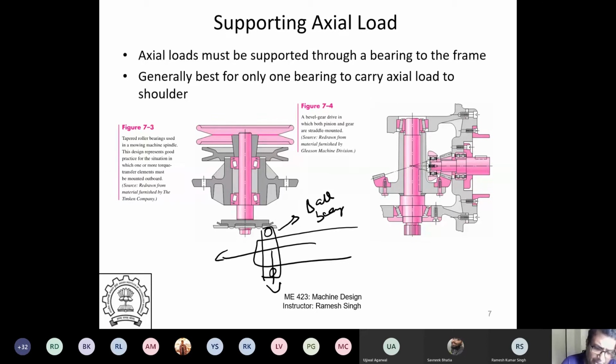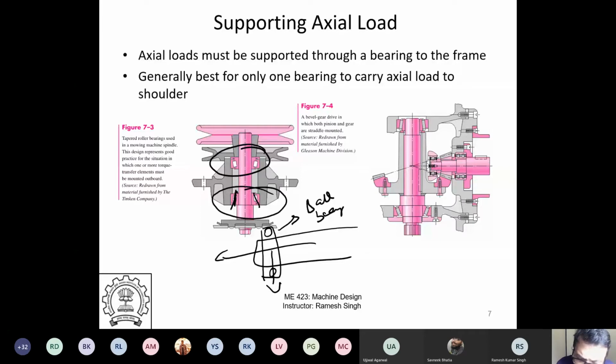So basically, if you see here, these are tapered bearings. If you could see, these rollers are tapered, and then there is a bracket to support to the frame. So you take the shaft, you take the bearings, and then there will be a frame on which everything will be supported. So these are just some of the examples of how people do it.